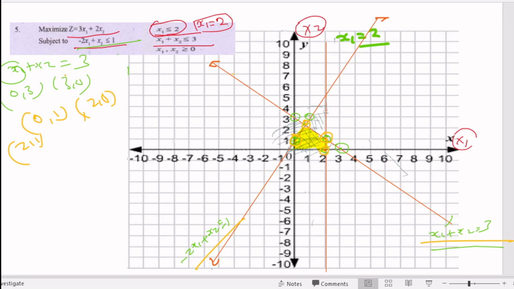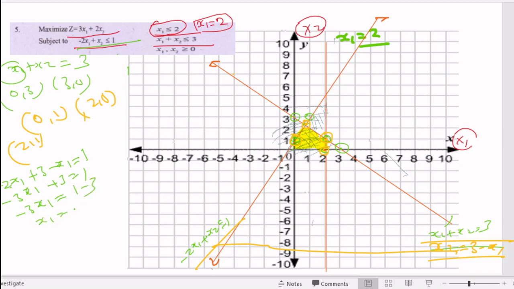So let's solve it. We substitute x2 is equal to 3 minus x1 in this equation. Let's see what happens. Minus 2x1 plus 3 minus x1 is equal to 1, so minus 3x1 is equal to 1 minus 3.